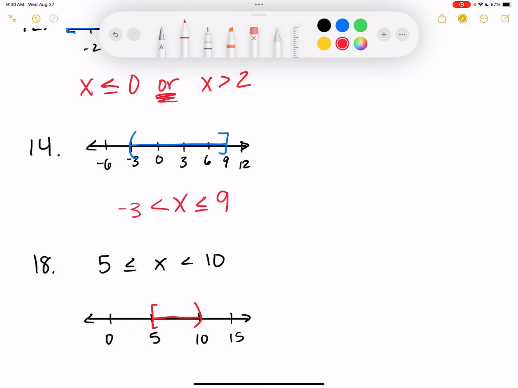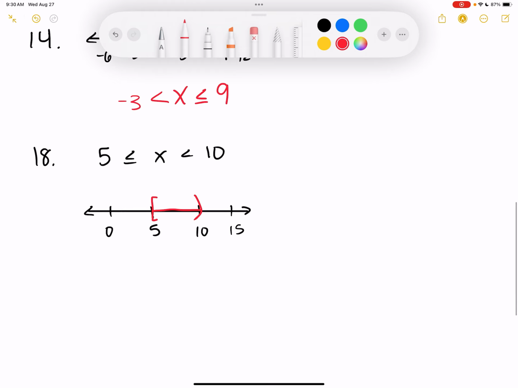The next ones are to solve and then graph. So 26. 11 plus 8x is greater than or equal to 7.